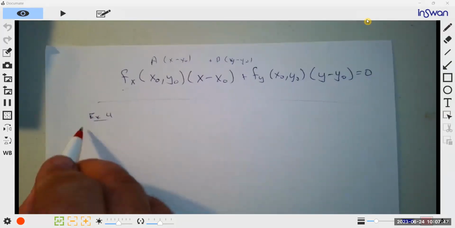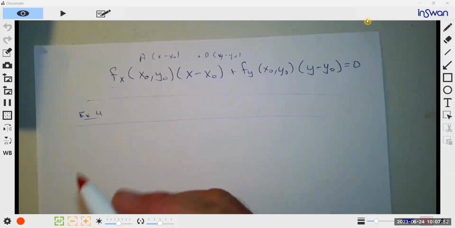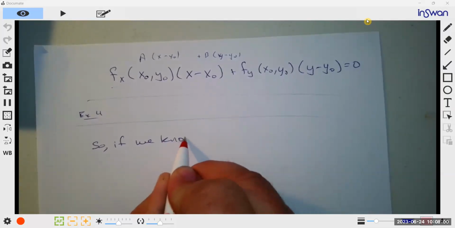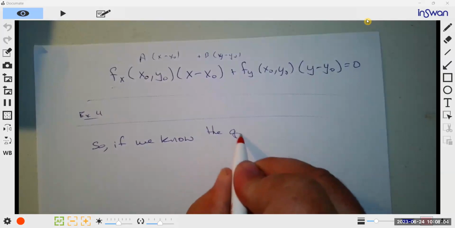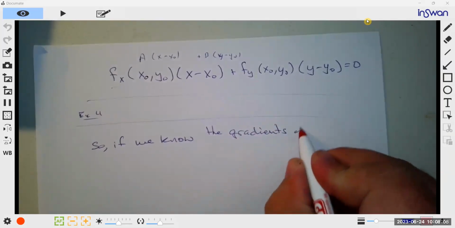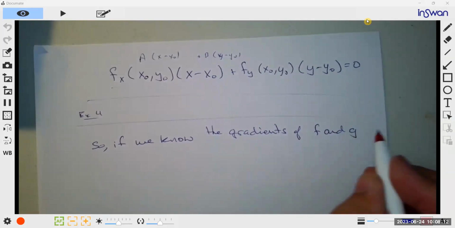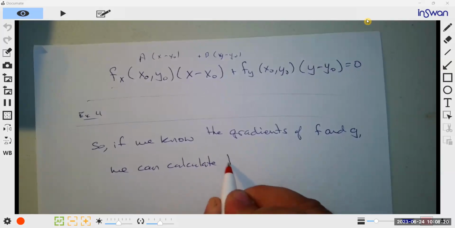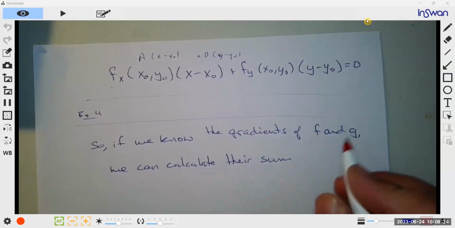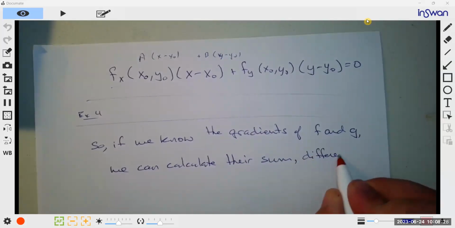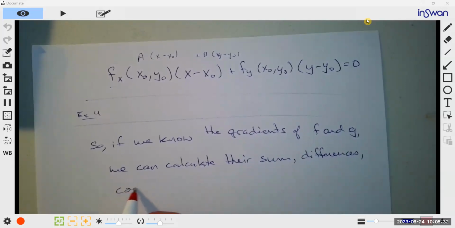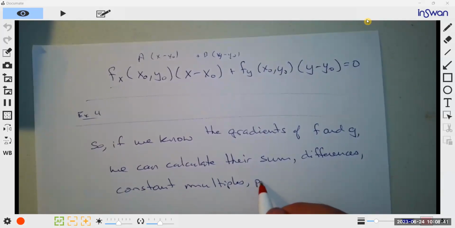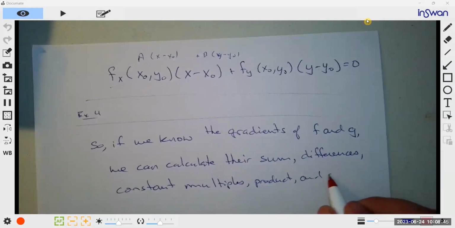That's what we just did, example 4. So if we know the gradients of functions, we can calculate their sums, differences, constant multiples, products, and quotients. Those are in the algebra.